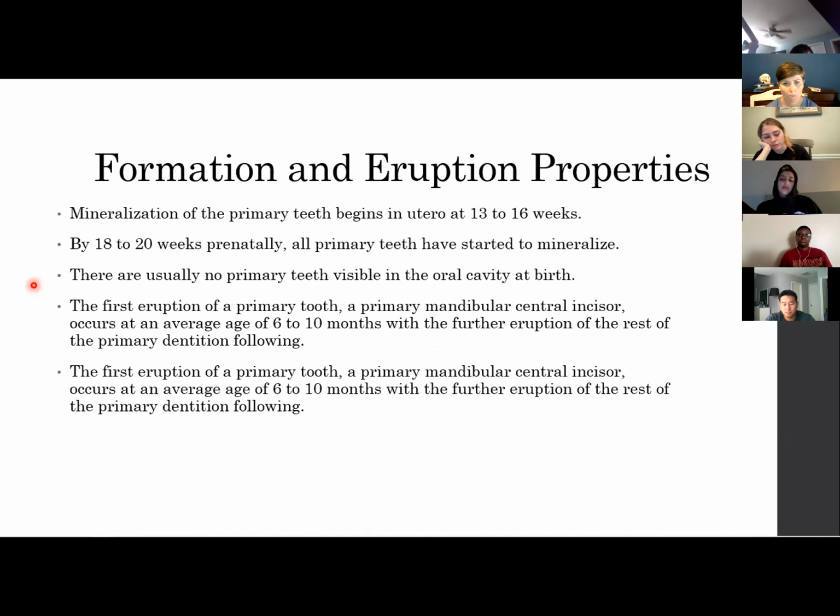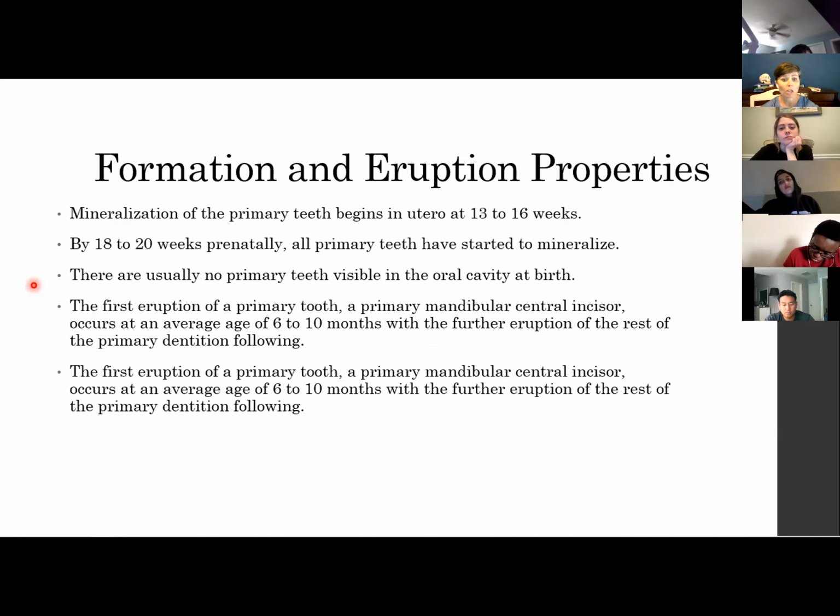Formation and eruption properties. Mineralization of primary teeth begins in utero between 13 and 16 weeks. By the 18th to 20th weeks prenatally, all primary teeth have started to mineralize. There are usually no primary teeth visible in the oral cavity at birth. However, there are things called neonatal teeth, but most of the time that is not the case.